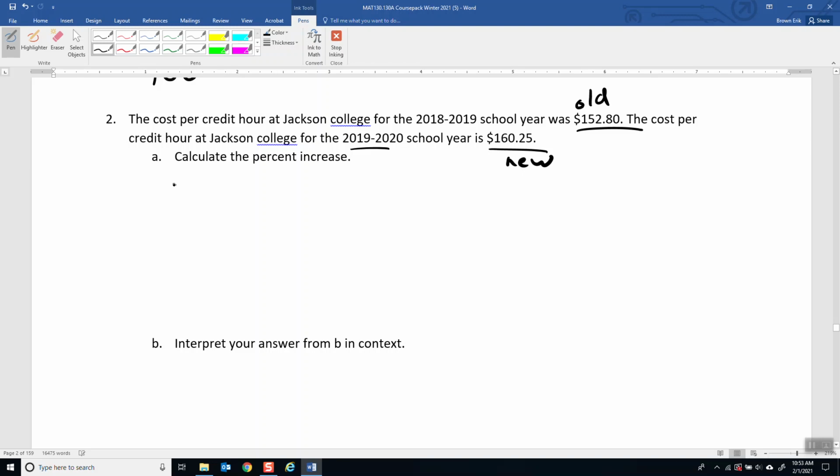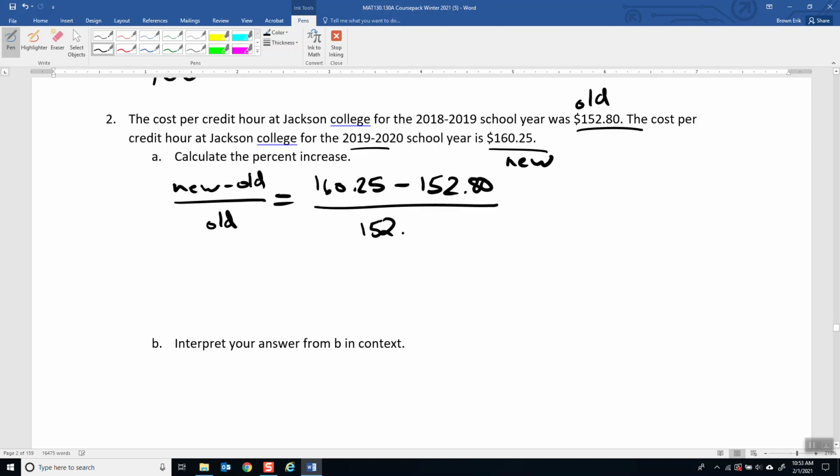And percent increase is new minus old divided by old. We know it's going to be increase because the number is larger. We're going to get a positive number. So we'll do the 160.25 minus 152.80 divided by 152.80. Remember, these two values must always match.